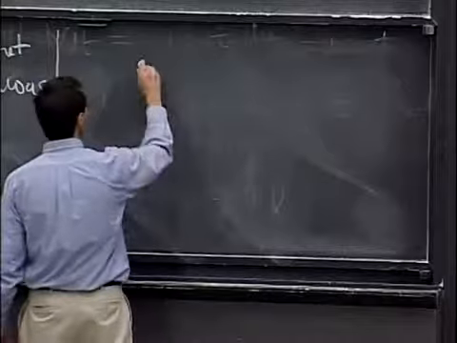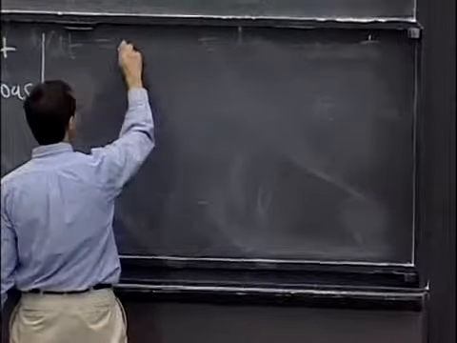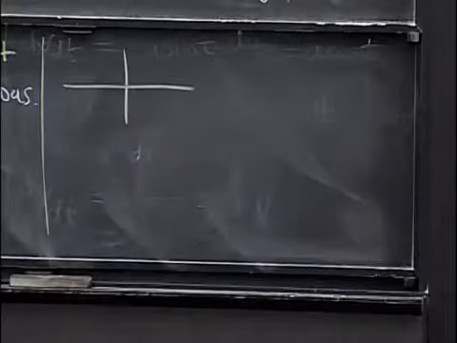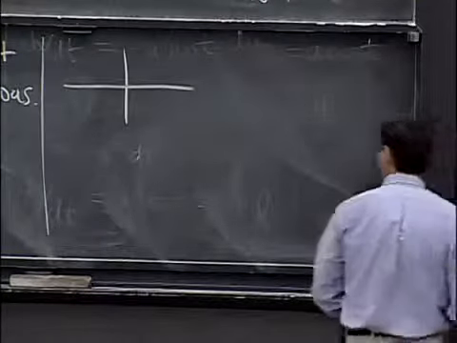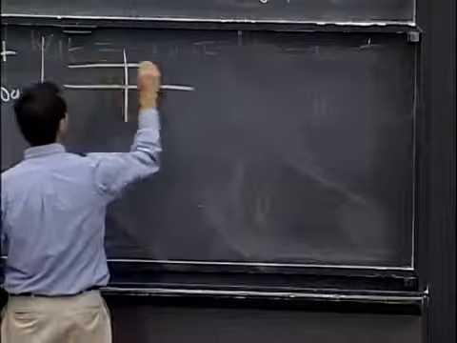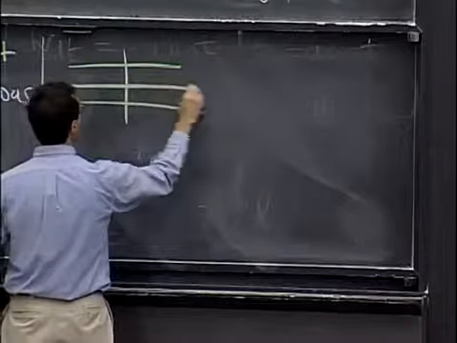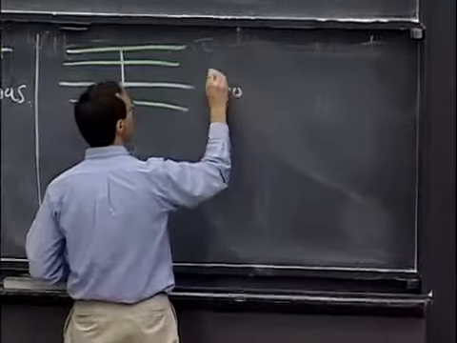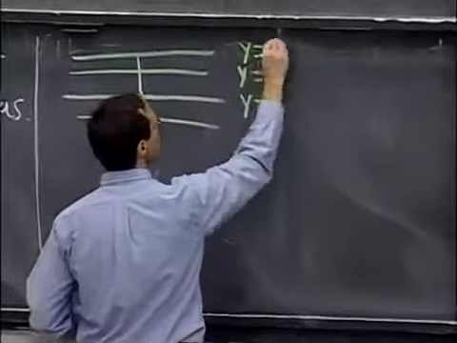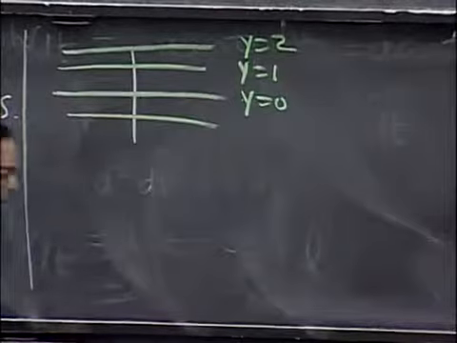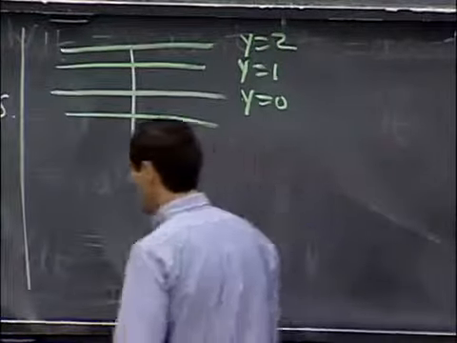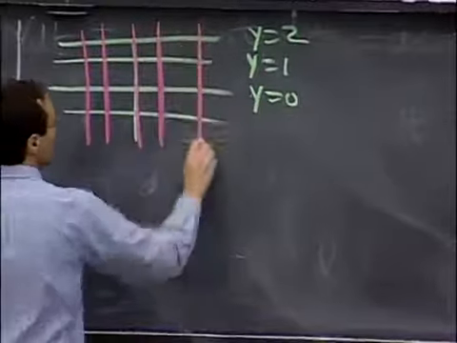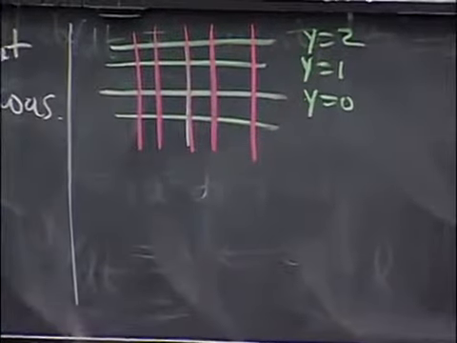So the coordinate system that we're used to is the rectangular coordinate system, and maybe I'll draw it in orange and green here. So these are the coordinate lines. Y equals 0, y equals 1, y equals 2. That's how the coordinate system works. And this is the way we're thinking of x and y now.